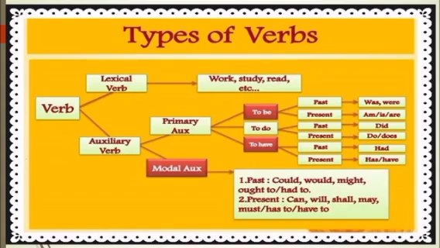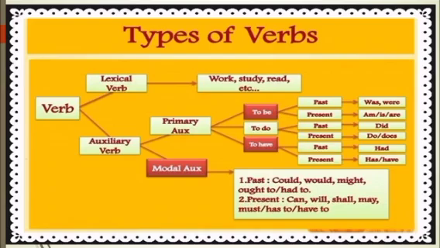In be verbs, in past form, we have was, were. In present form, we have am, is, are. In do verbs, in past form, we have did. In present form, we have do, does. In have verbs, in past form, we have had.